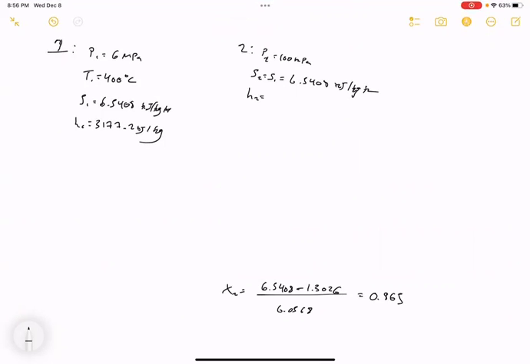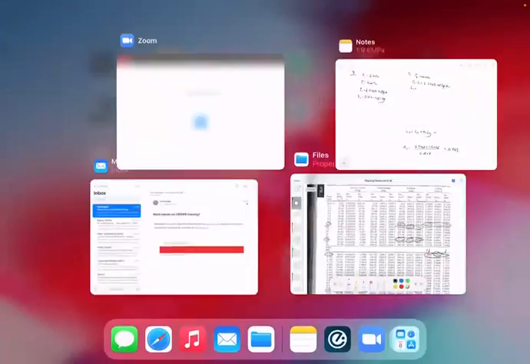So this is the quality, and we're going to use this quality to find the enthalpy. Again, we're going to just do what we've done a million times before. We're going to say H2 is equal to HF plus X2 times HFG.